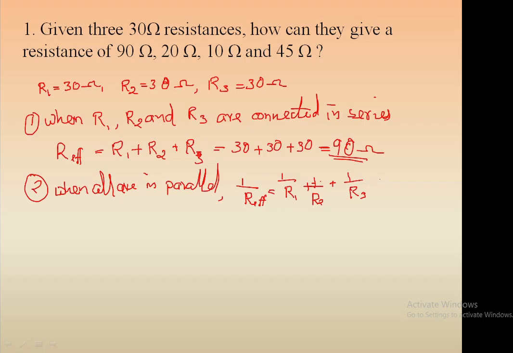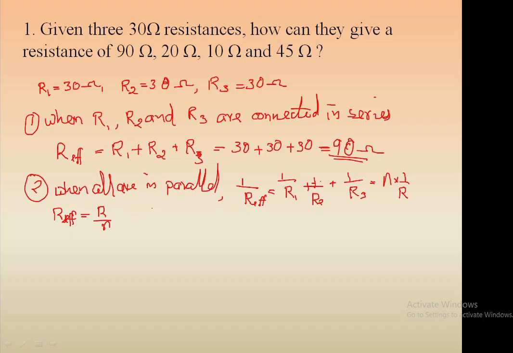Since in our present problem all the resistances are the same, it is n times 1 by R. So R effective is equal to R by n.